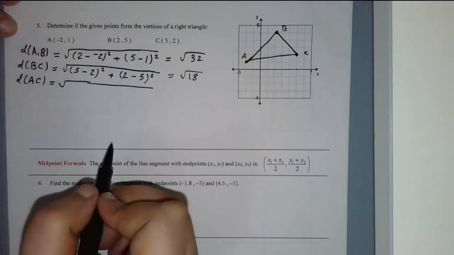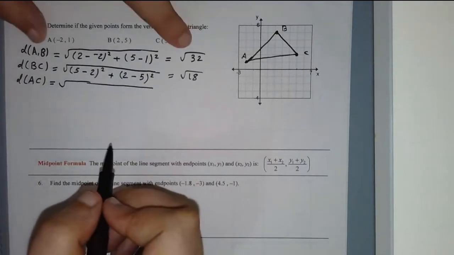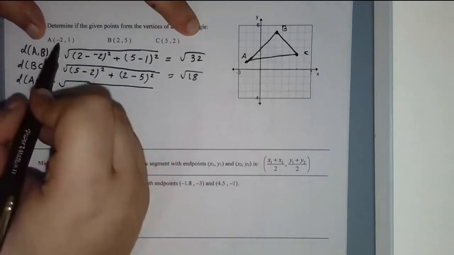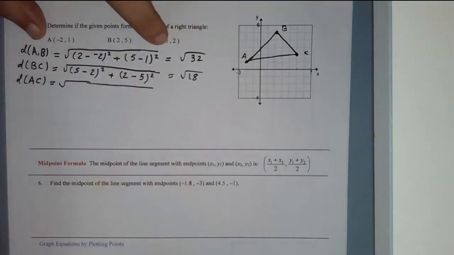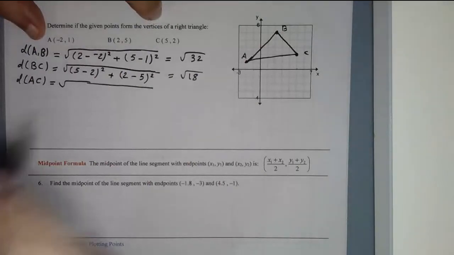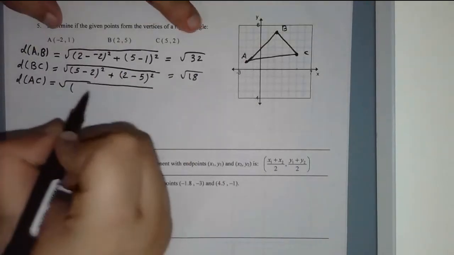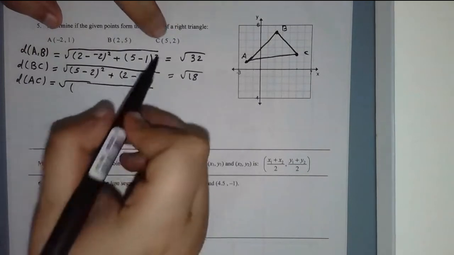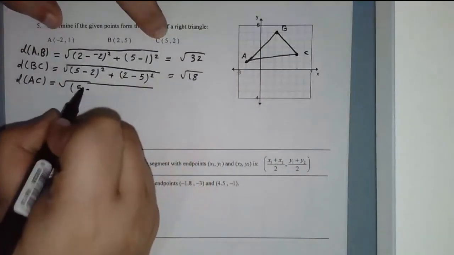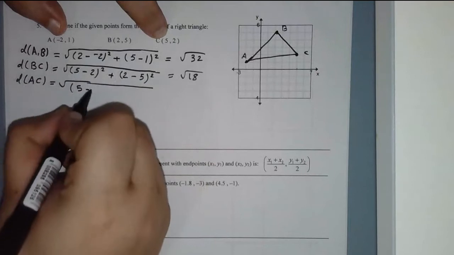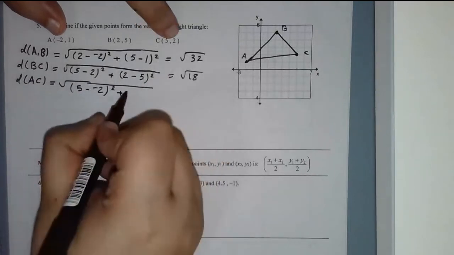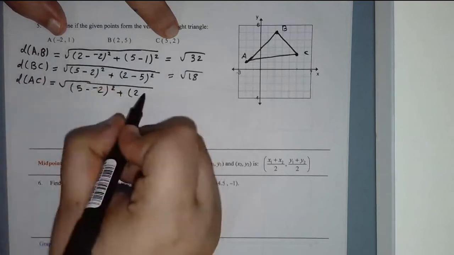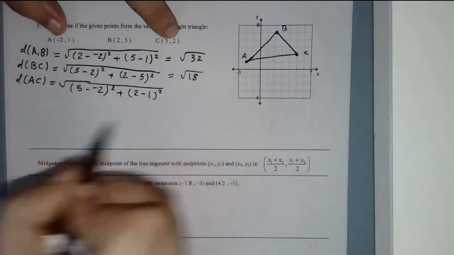Okay. Now for this one, I'm using these 2 points, A and C. So that's my 1, that's my 2. Again, if you switch, so this is your 1, that's your 2, you'll still end up with the right answer. Okay, let's see. C is my point 2. So this is x2. So it's 5 minus x1 is negative 2 squared, plus 2, that's my y2, minus 1 squared.